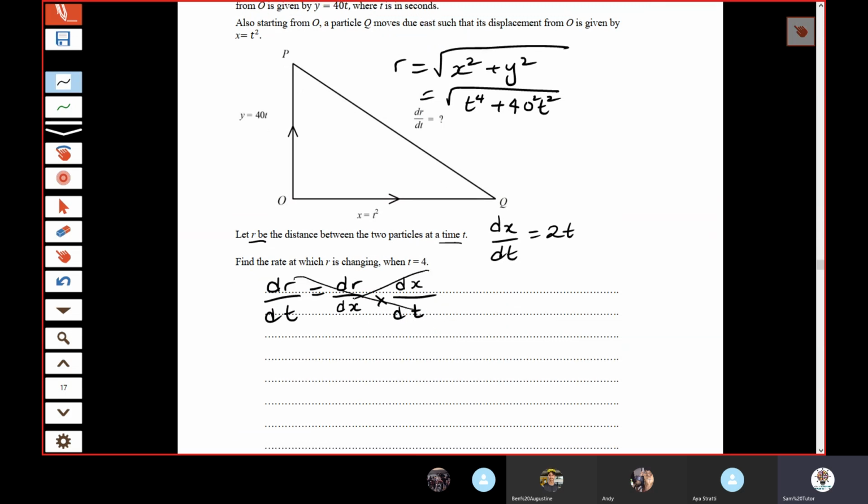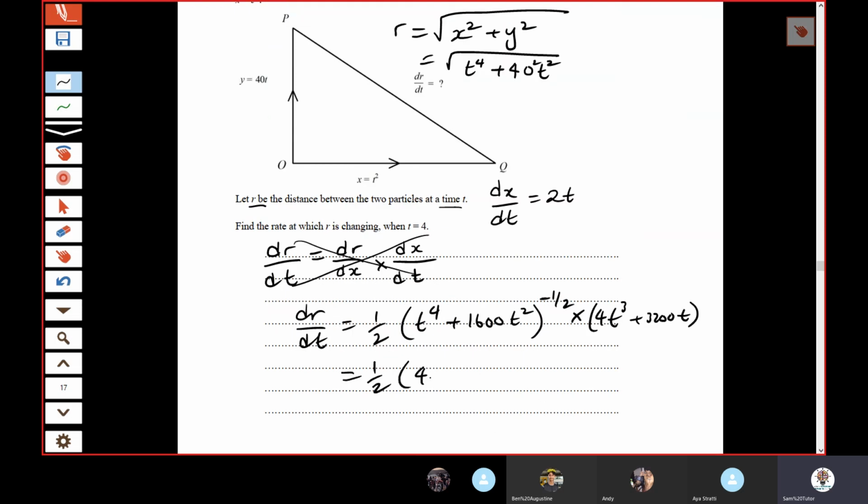But we probably can make it a little bit easier, because now that we know that r is equal to square root of x squared plus y squared, x squared is t to the 4, y squared is 40 squared t squared, we can just get dr on dt by differentiating this, which would be half, t to the power 4 plus 1600 t squared, power of negative half, times 4t cubed plus 3200t, derivative of the inside, when t equals 4. Now you just sub in 4.